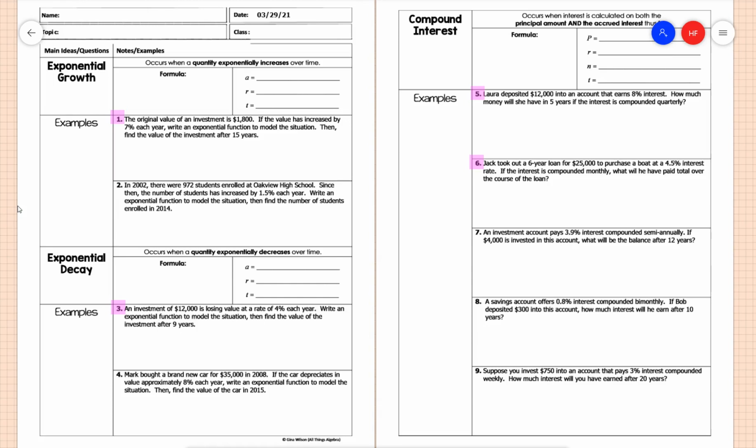So there are some formulas that go with each of these types of questions. The first one is an exponential growth question. So that means that we are gaining value of some sort.